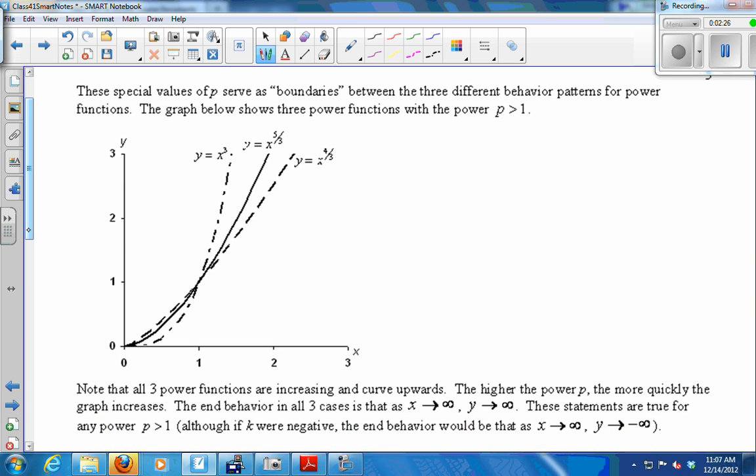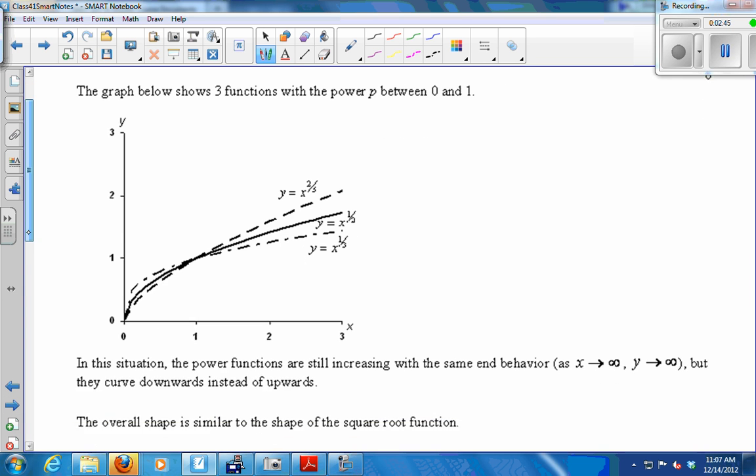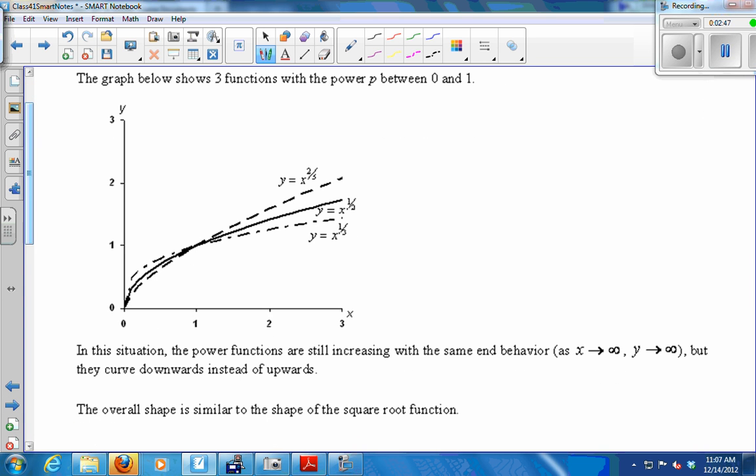Now, if p is bigger than 1, you get graphs that are increasing and bending upwards. They look kind of like x squared or x cubed or x to the fourth. When p is between 0 and 1, like a fraction, they look like the square root of x or the cube root of x.